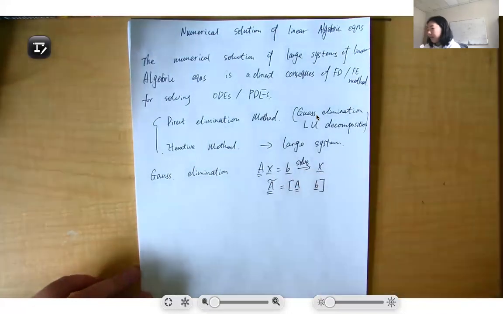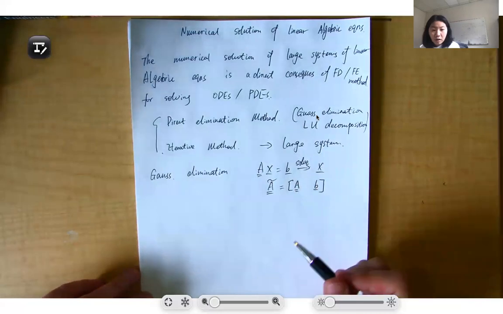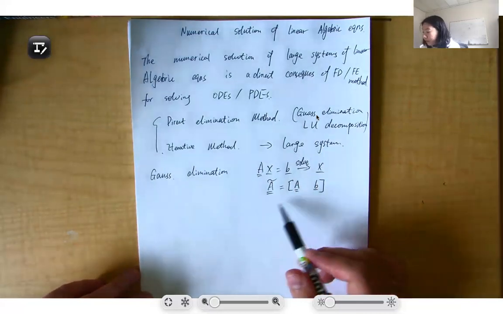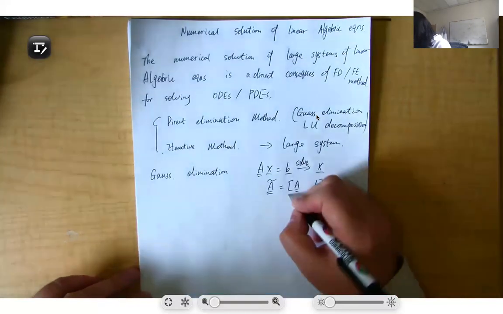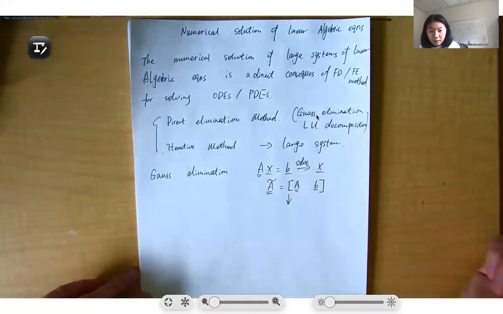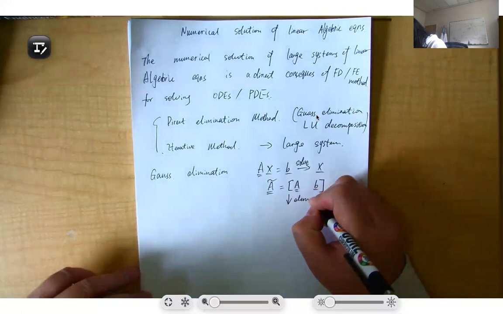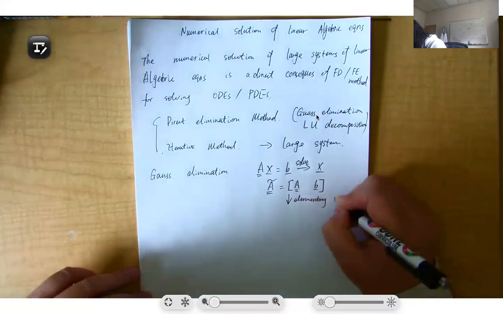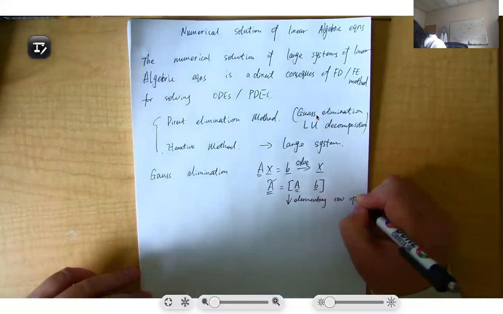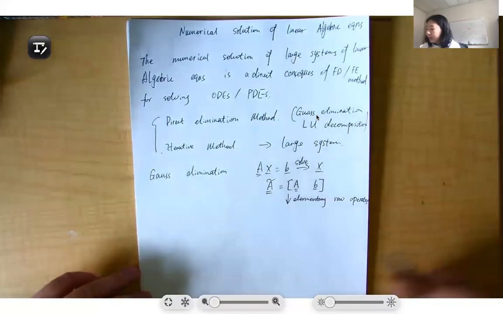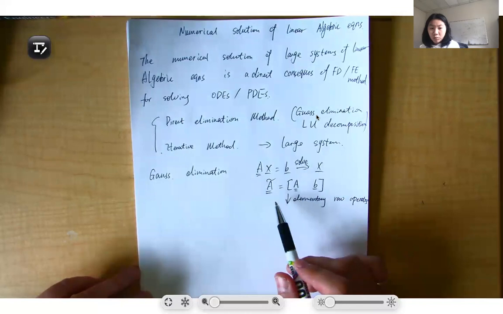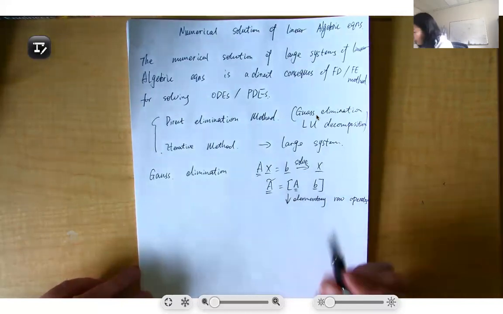After we construct our augmented matrix, the next step is to convert this augmented matrix using elementary row operations into an upper triangular matrix.